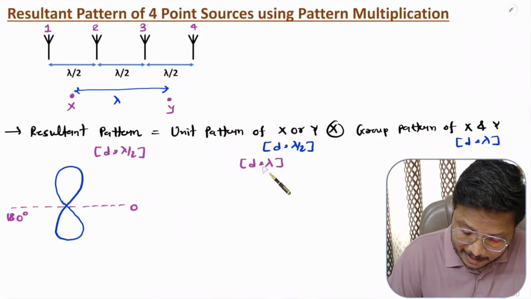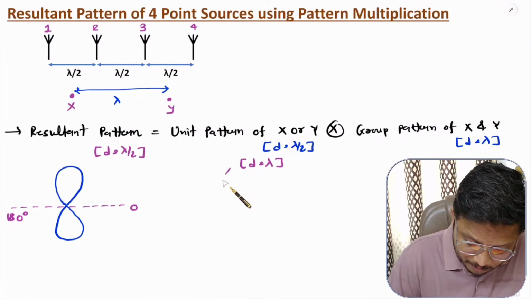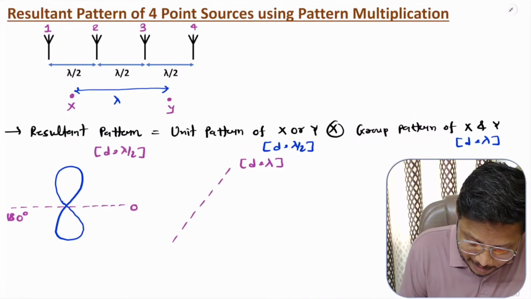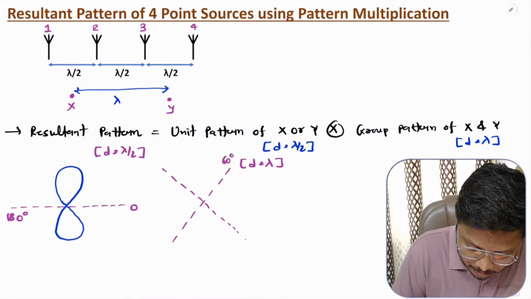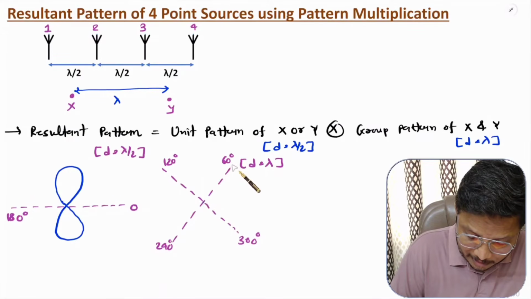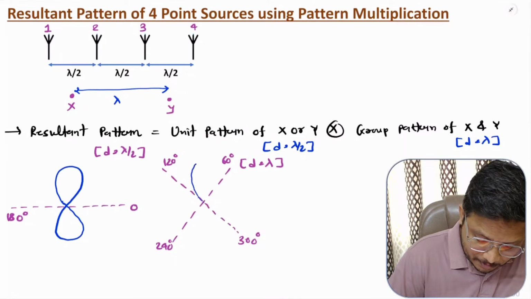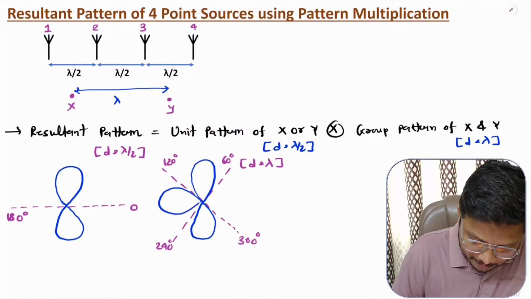With spacing D equal to lambda, the location of nulls, or you can say minima, is at 60, 120, 240 and 300 degrees. So here I have plotted the minima angles. Now I need to have lobes in between these nulls. So the radiation pattern will be somewhat like this.